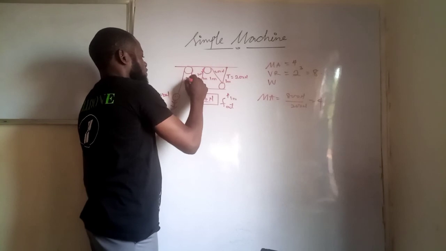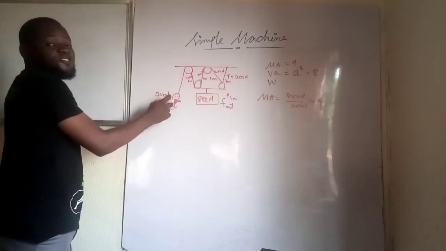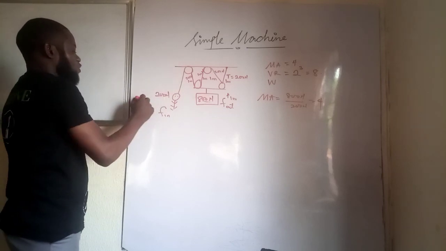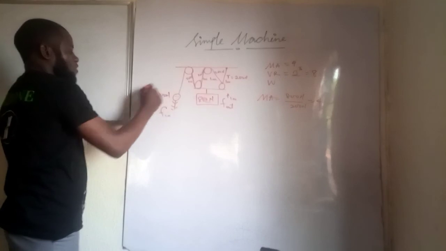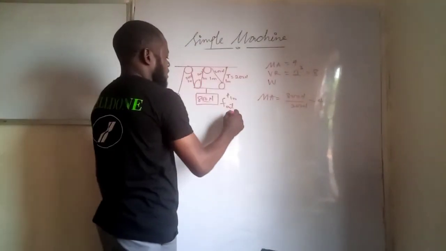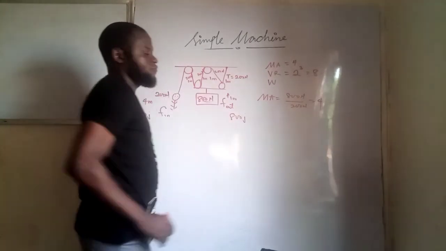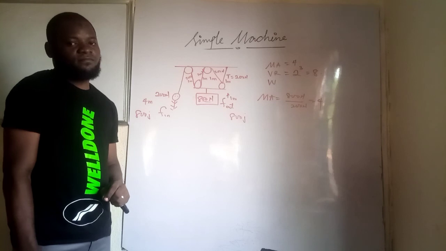This one is also moving it upward by 1 meter. Therefore, the total distance that this man needs to drag this rope is going to be 4 meters. Therefore, the work done here is going to be 800 joules, and the work done here would also be 800 joules. We have assumed that there's no friction.